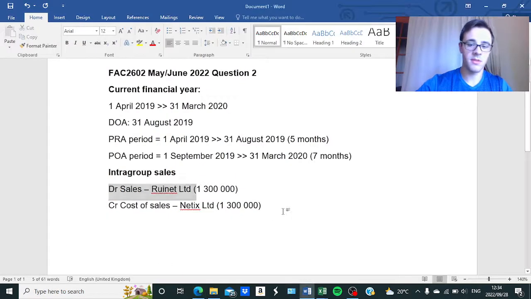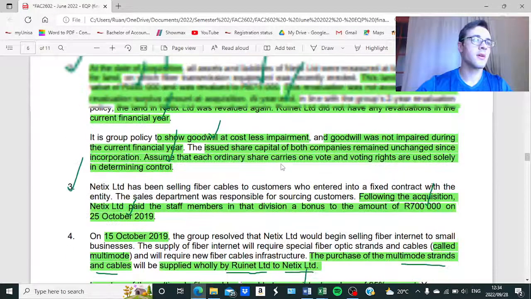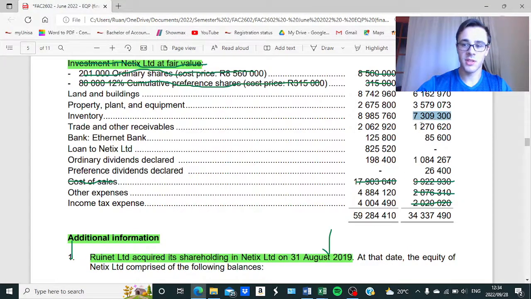So the value of multi-mode inventory, because this is the only type of inventory that is purchased intergroup, and therefore includes unrealized profit, because it was sold intergroup, will be the value of inventory, which is 7,309,300. Let me just make sure. Okay, 7,309,300.